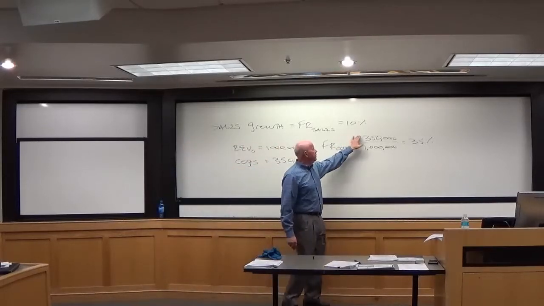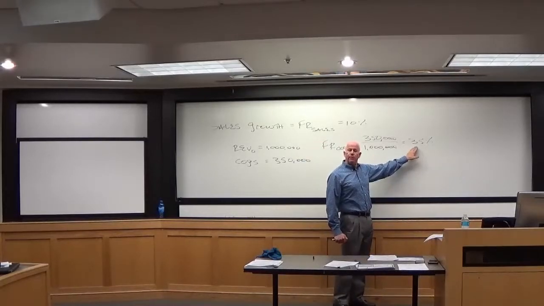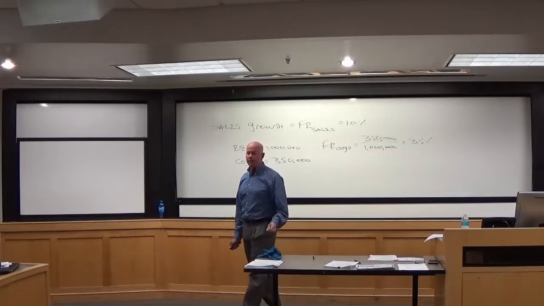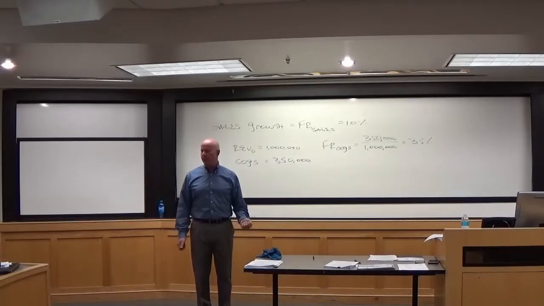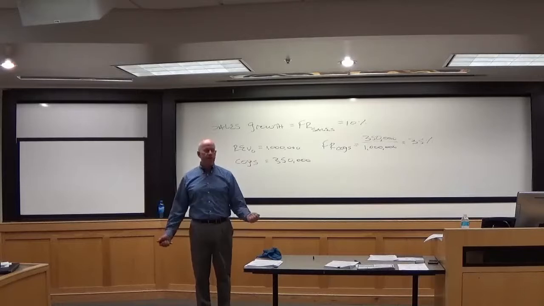Whatever the expense is, divided by revenue, gives you a ratio, and if your COGS is 35% of sales in your base year, you have every reason to believe, absent some improving economies of scale, that your COGS should be 35% of your revenue in year 1, and year 2, and year 3. You do, right? If you've seen a pattern, unless you change something, the pattern is going to hold.